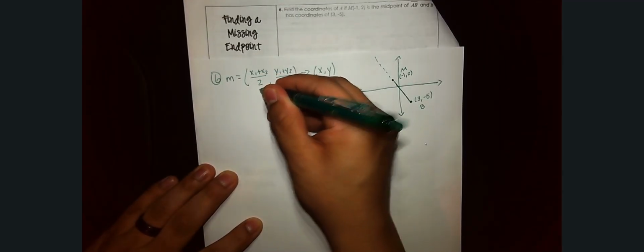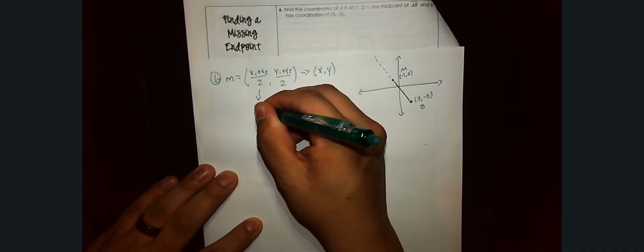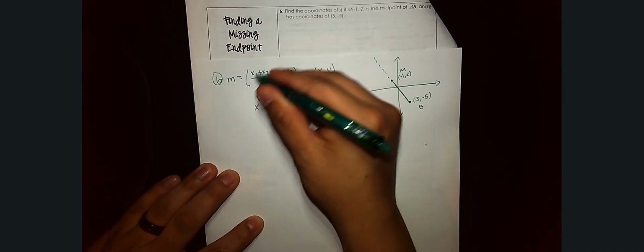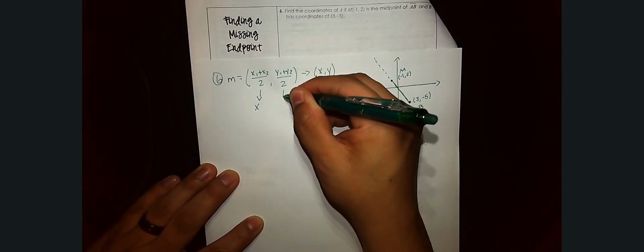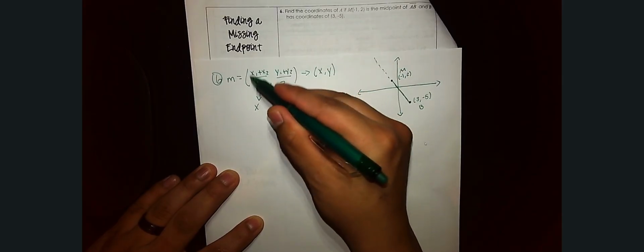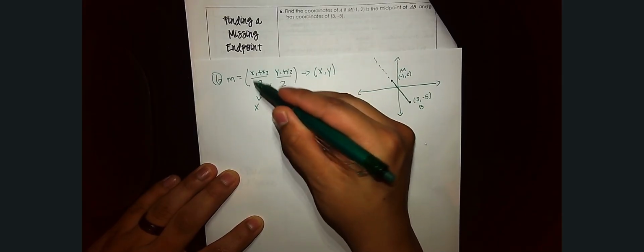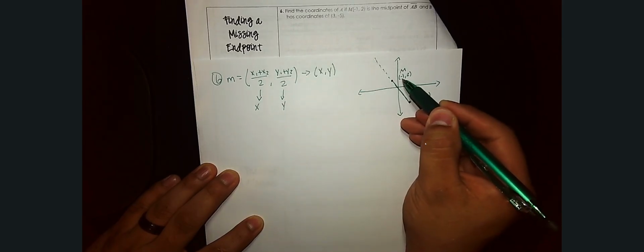This whole equation is going to give me my x coordinate, and this whole equation here is going to give me my y coordinate. But we know what this fraction is going to equal: -1, because that's my midpoint. My midpoint, it tells me right here, is (-1, 2).